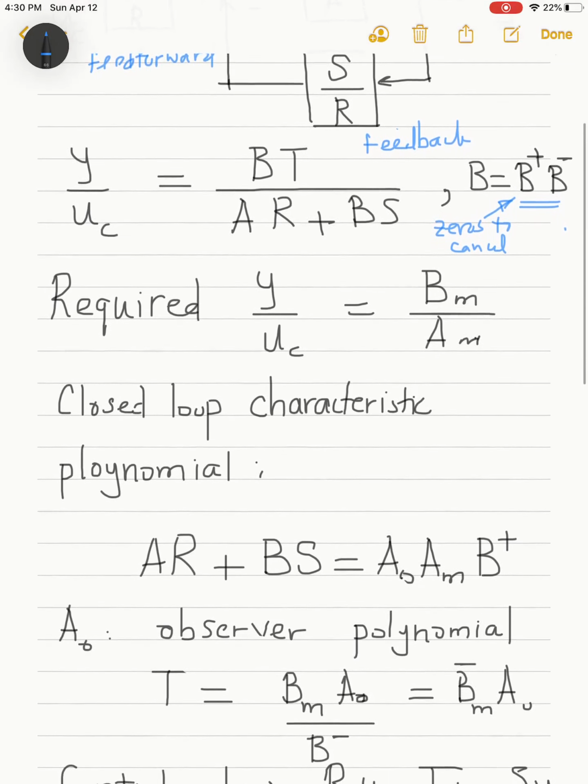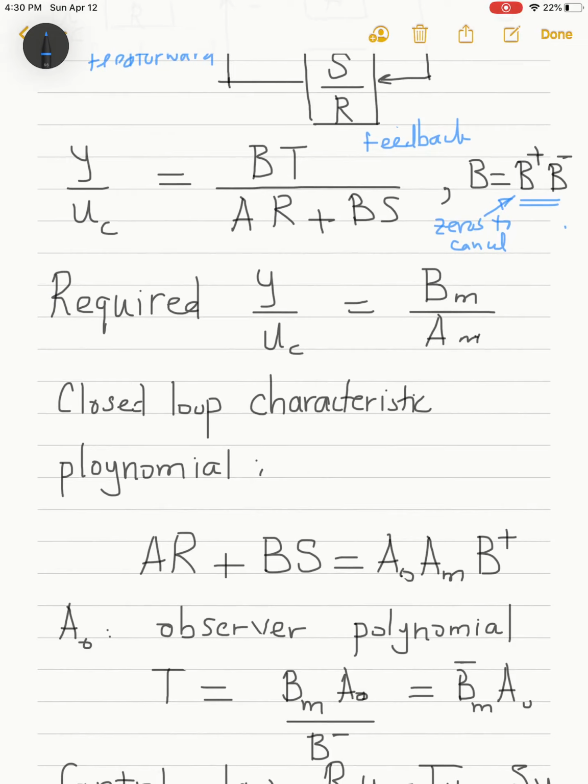The relation between the output and the set point should follow a reference model. So Bm over Am here gives the reference model, which is designed according to some specifications.